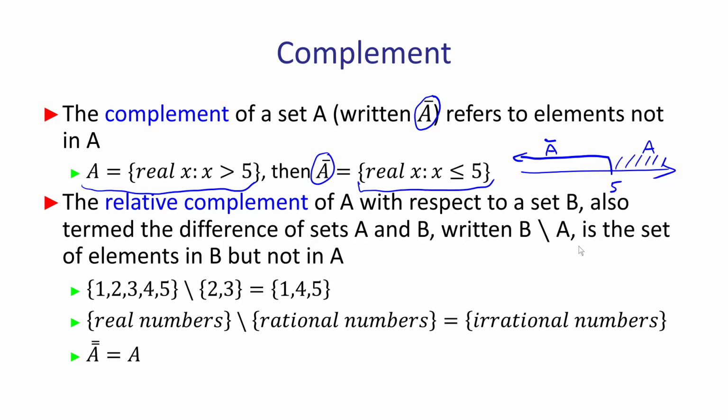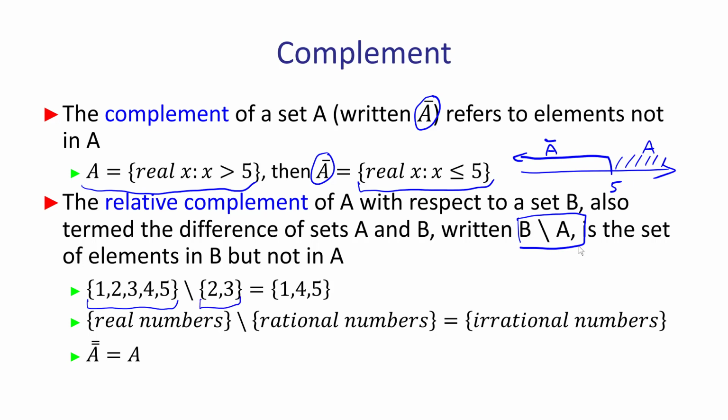The relative complement of A with respect to a set B, also termed the difference between sets B and A, is written that way. This is how you denote difference between B and A. And this is all of the elements which are in B but not in the set A. Here are a few examples. Let's say your set B is 1, 2, 3, 4, 5, and then your set A is 2, 3.